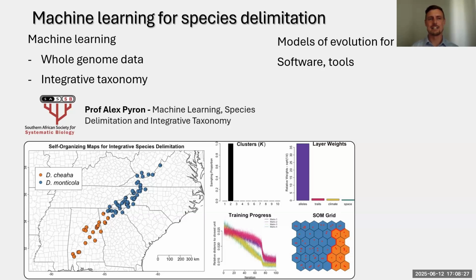And I think again the combination of machine learning and whole genome data makes perfect sense, because the traditional methods are not really capable of dealing with the amount of data that is currently available, but machine learning, in contrast, needs these large amounts of data.